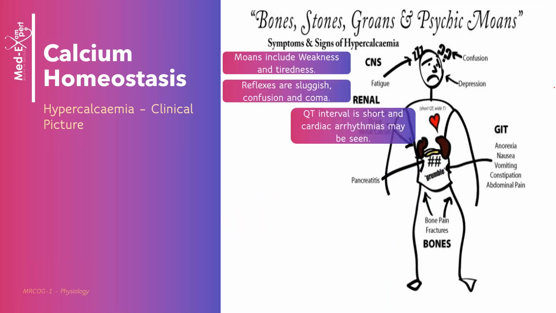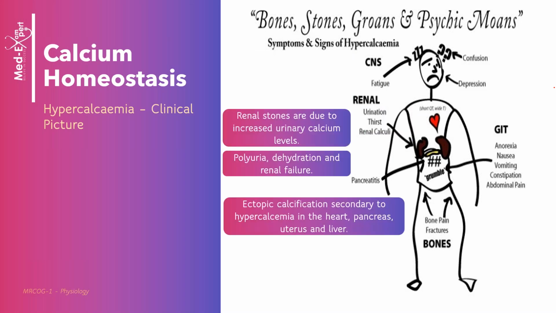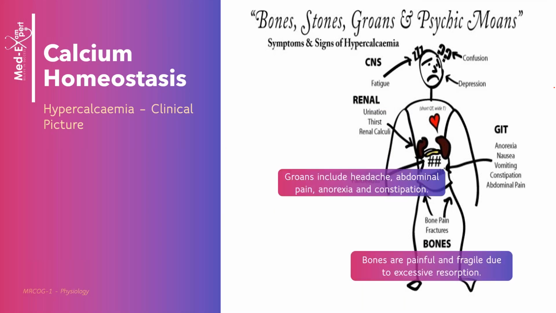We have the weakness, tiredness, confusion, coma, short QT interval in the ECG and cardiac arrhythmias. We have renal stones, polyuria, dehydration, ectopic calcification, bone resorption, and abdominal groans in the form of abdominal pain, anorexia, vomiting, constipation, and so on. These are the clinical picture of hypercalcemia.